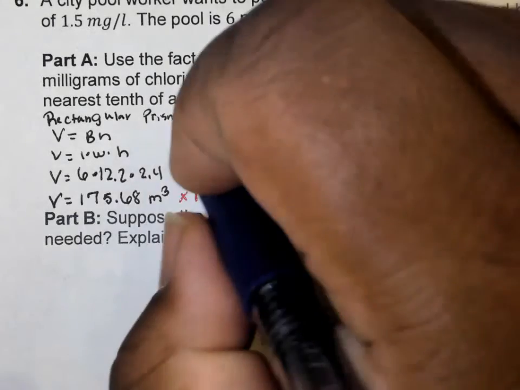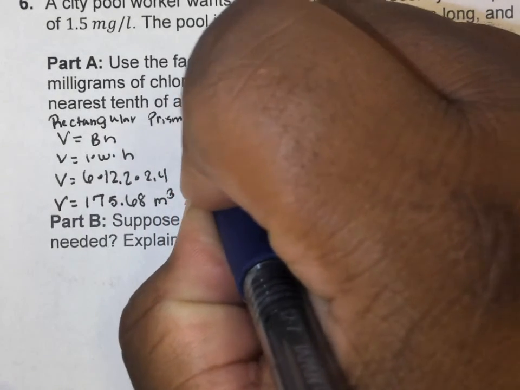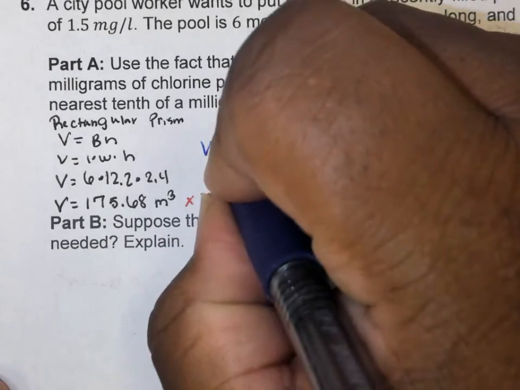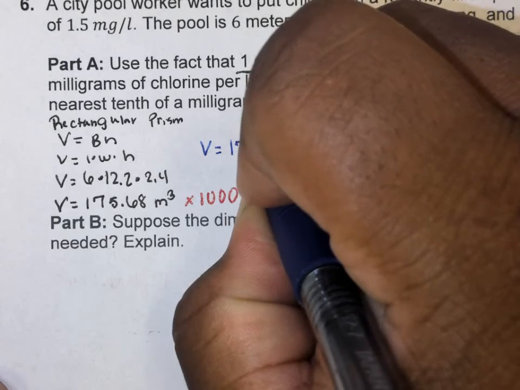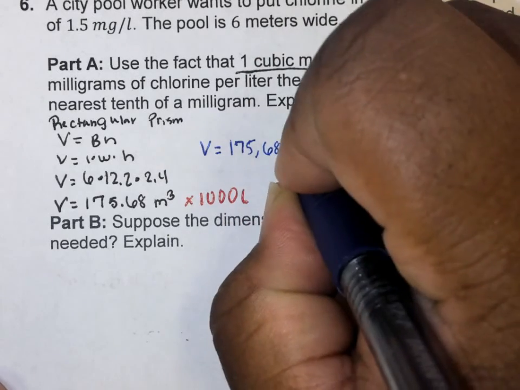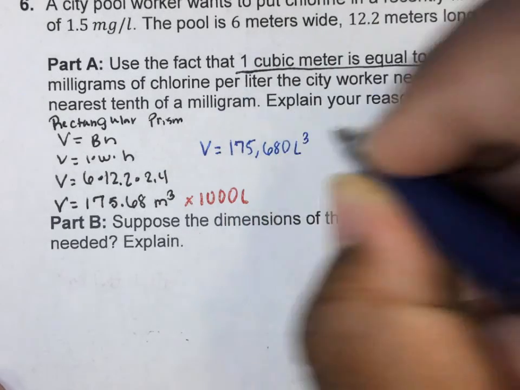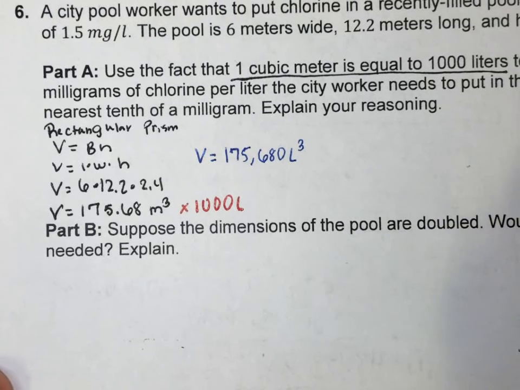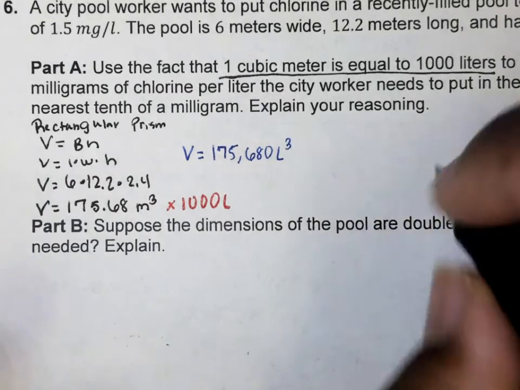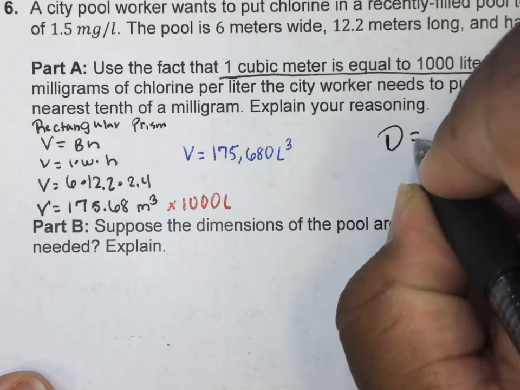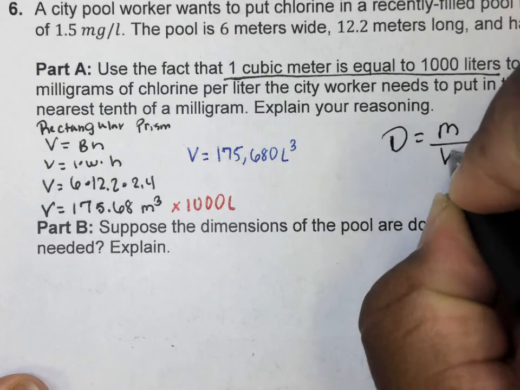That's just going to give me my new volume. This is in liters. So that's the volume I'm going to use, the adjusted volume. Then from there, now I can do density equals mass over volume.